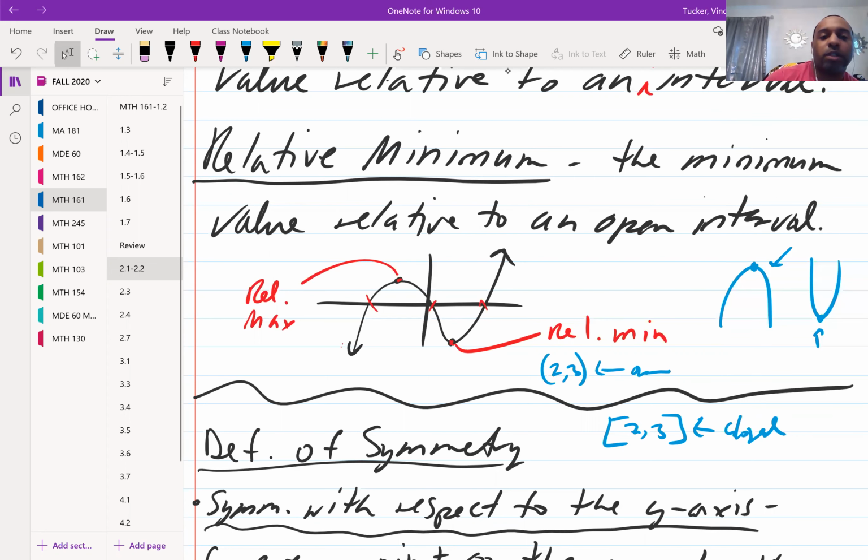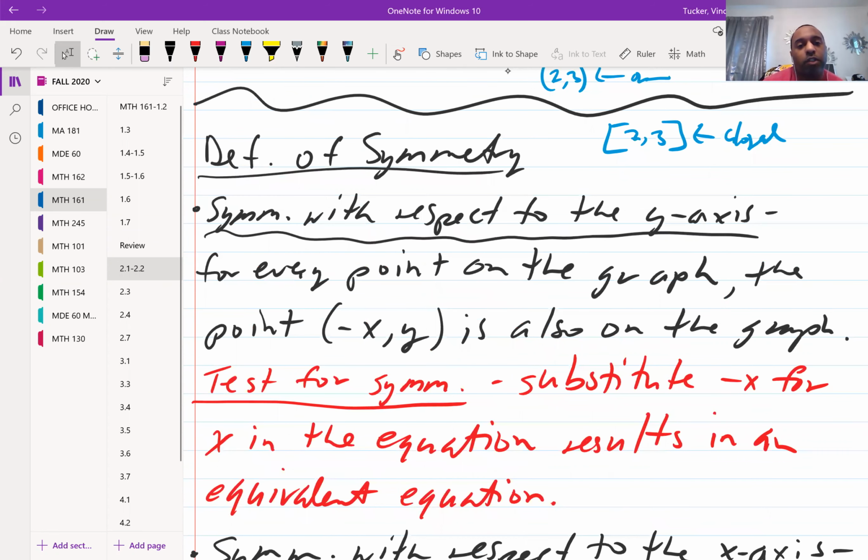All right, so let's look at the definition of symmetry. Symmetric with respect to the y-axis. So for every point on the graph, the point negative x, y is also on the graph. So the way we would test this symmetry is by substituting negative x in for x. And then if the result is the original equation, then it is symmetric with respect to y.